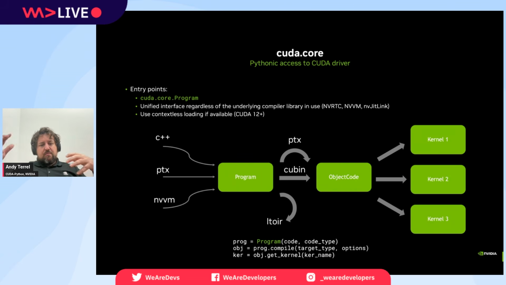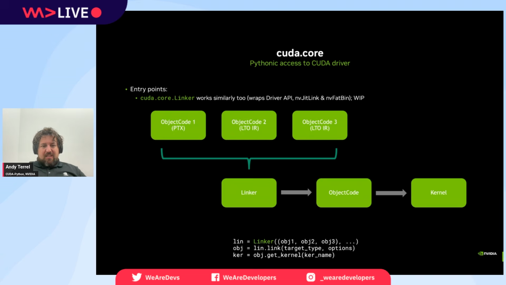And that can produce any number of types of objects, such as just straight more PTX code or a binary or another IR, which is called link time optimization IR, which will allow you to then change out the various C++ things that you're calling later on. And then you get some object code, and you can actually have your kernels. And all of these things are going to be accessible through Python, sorry, as Python objects.